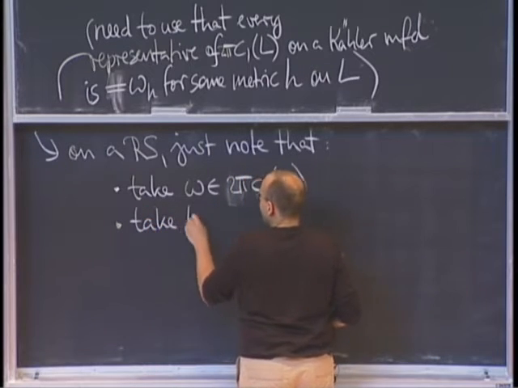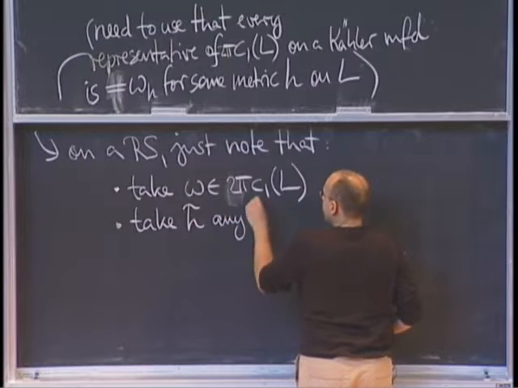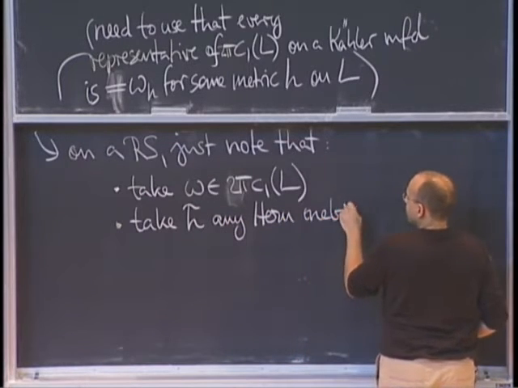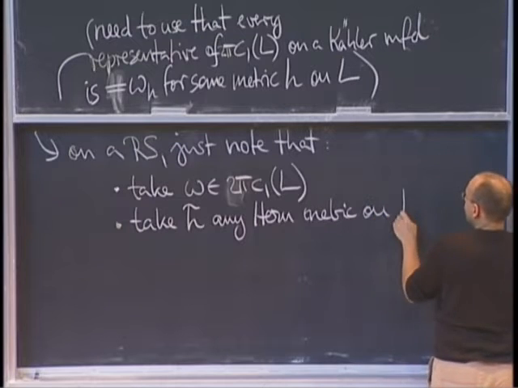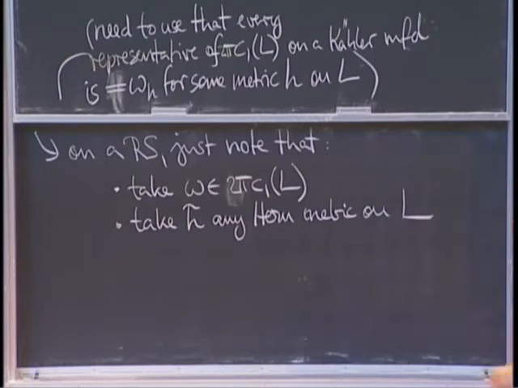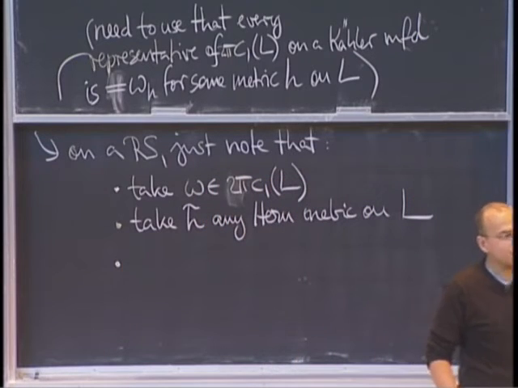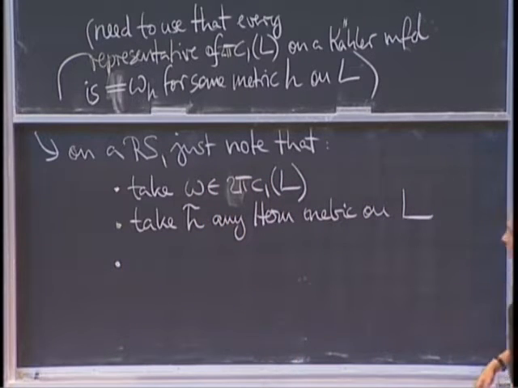So take h tilde, any Hermitian metric on L. And how can you improve a Hermitian metric? Well, you can multiply it by a globally defined positive function.